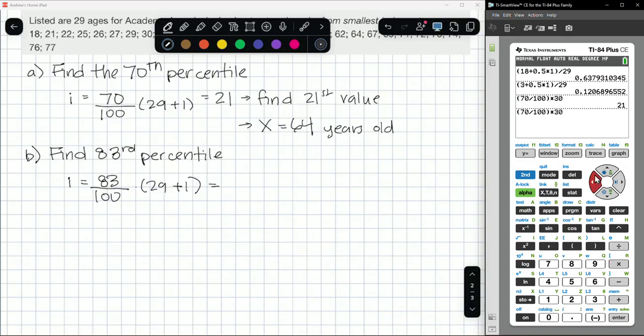The only thing that's changed here is my percentile, from 70 to 83. I run that, I get 24.9. So I'm going to find the 24th number, find the 25th number, and then average them together.